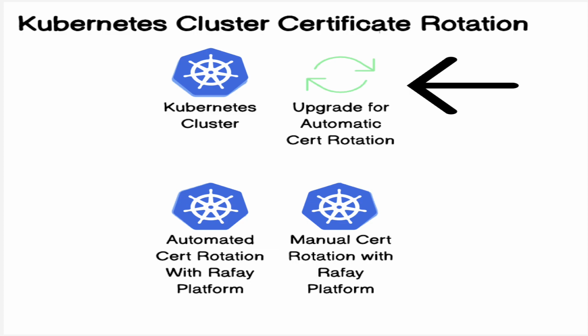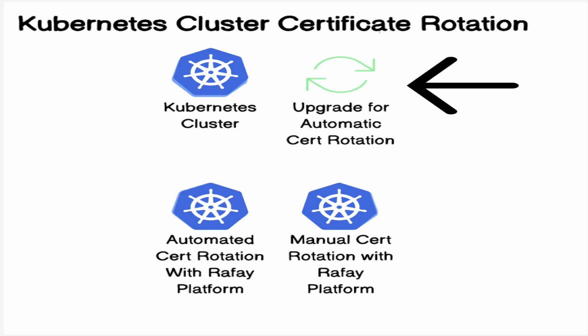certificate rotation in Kubernetes. First is upgrade for automatic rotation. This is the simplest and most secure approach, especially for older clusters. Upgrading your Kubernetes clusters offers the latest feature sets and several new functionalities, including automatic certificate rotation during the upgrade process.